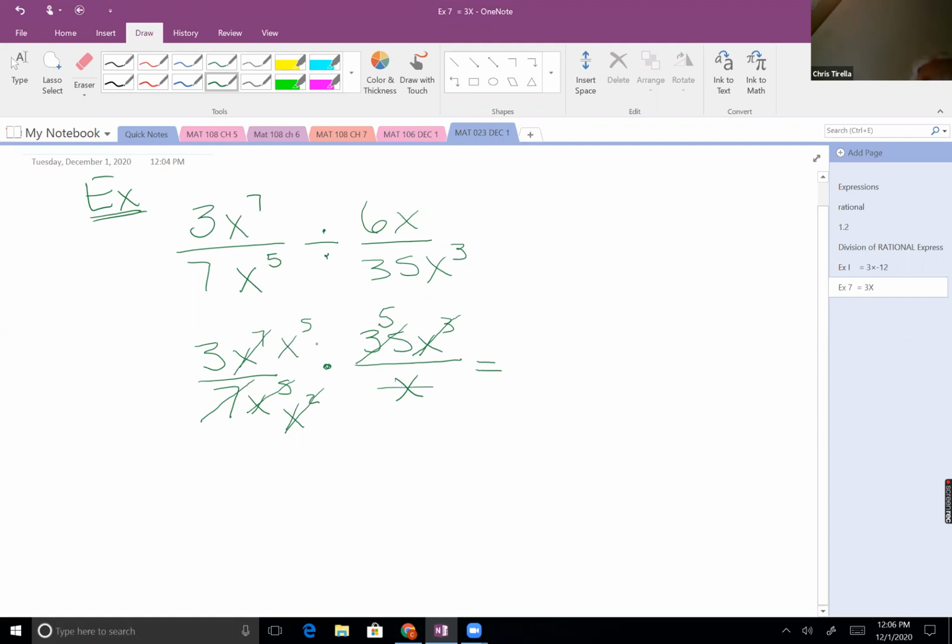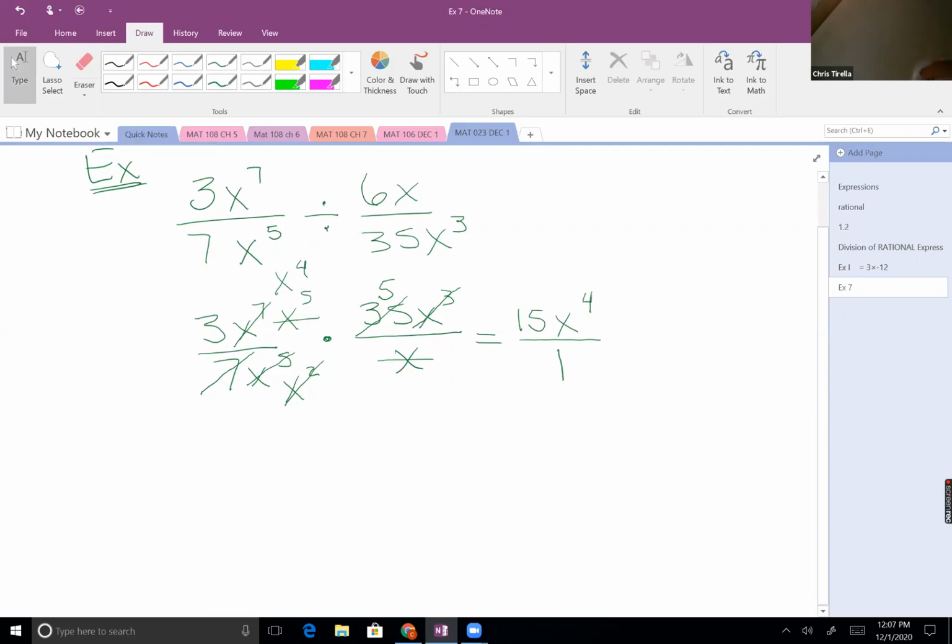X goes into x to the fifth, x to the fourth times. In the denominator, everything's crossed out, so we're left with 1. In the numerator, 3 times 5 is 15, and then we've got that x to the fourth. I also know that there are some students that look at that and it's too much crossing out for them.